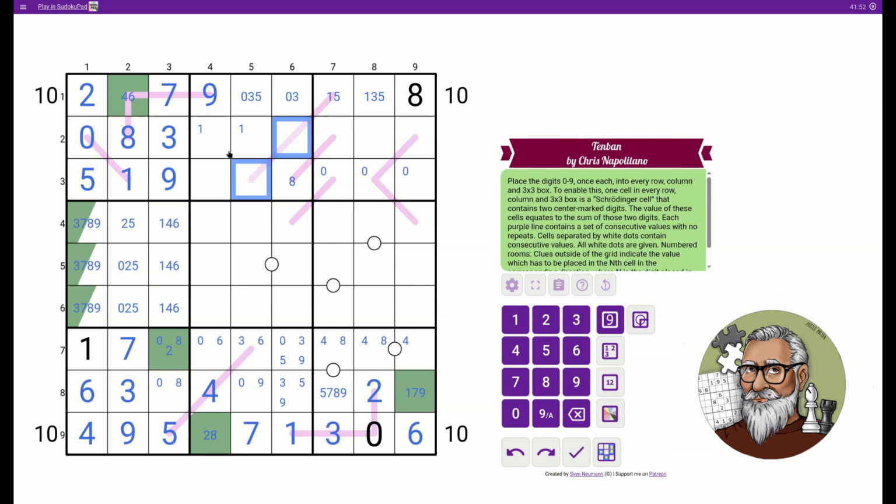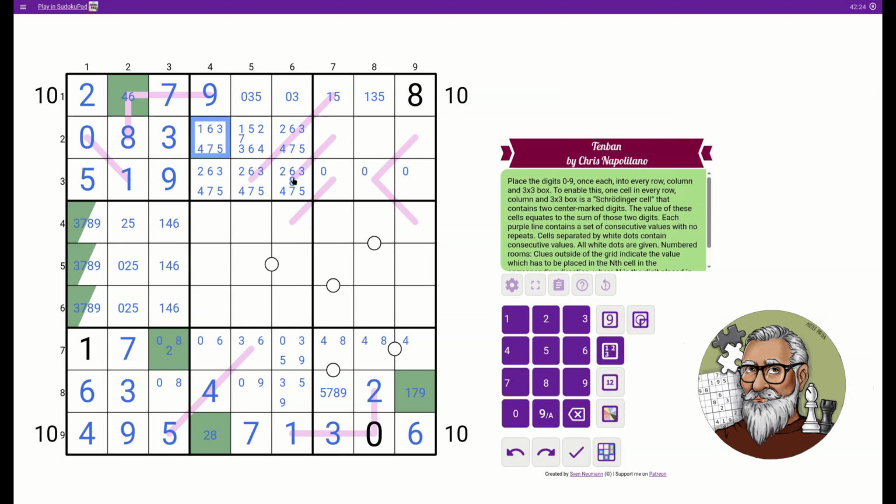This doesn't look like a bright idea. I'm missing a 2, 3 still, possibly, right? 4, 5, 6, and 7. Oof, yeah, definitely not a bright idea.